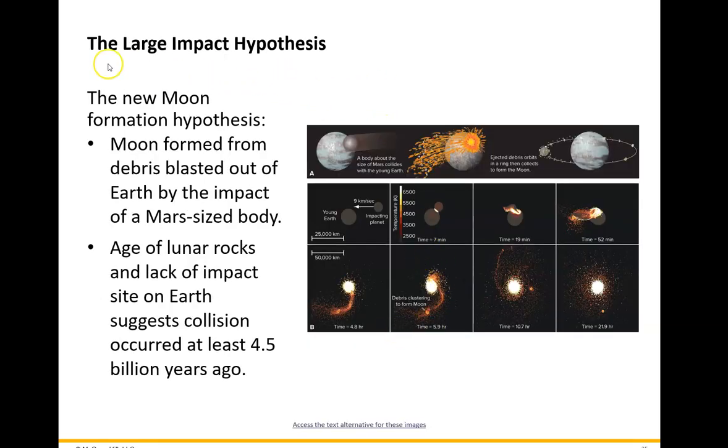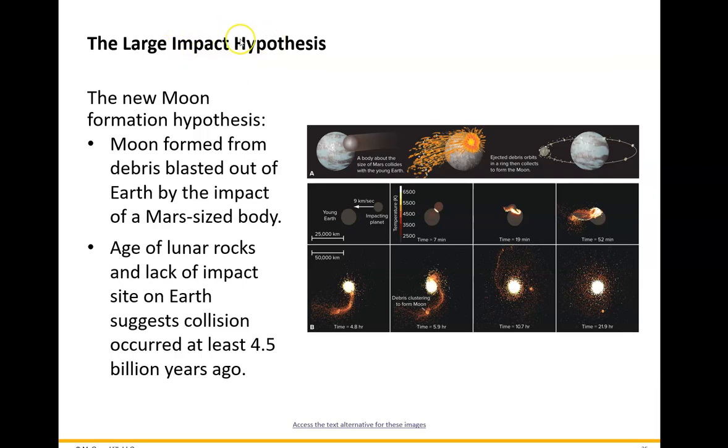And so in the 1960s there was another theory that was proposed, and at first people ignored it. They thought it was nonsense. But when the moon rocks came back, it seemed that they were onto something.